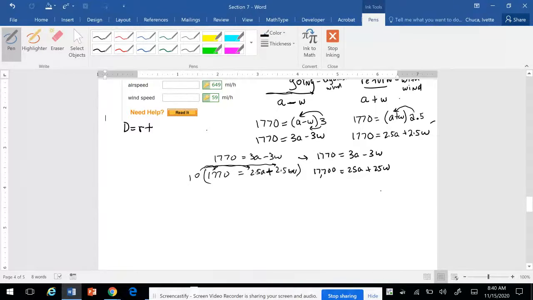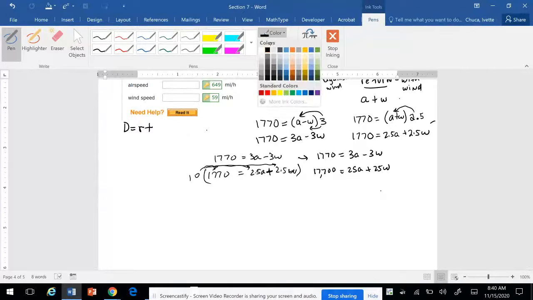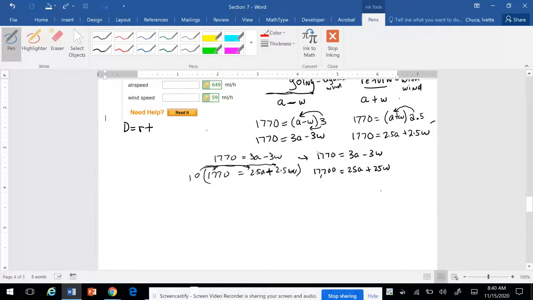Now we need to cancel a variable. So let's cancel out the W's here. So in order to make coefficients the same, I'm going to multiply the top by 25. And then I'm going to multiply the bottom by 3.